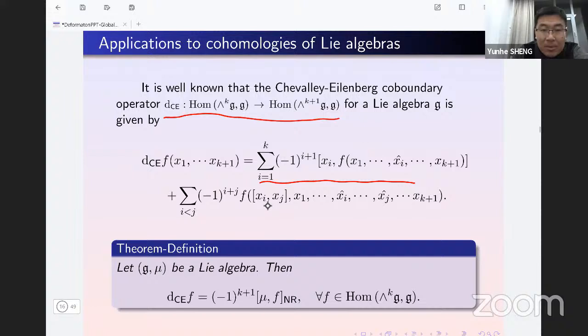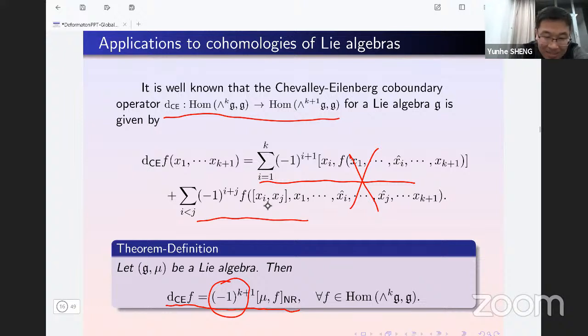So this is the Chevalley-Eilenberg coboundary operator, and about the relation between d CE and the controlling algebra, we have the following formula. d CE f is equal to the bracket of mu and f up to a sign. So this means that if we do not know the formula of d CE in advance, we can take this as the definition of d CE. Then we will obtain a cohomology theory.